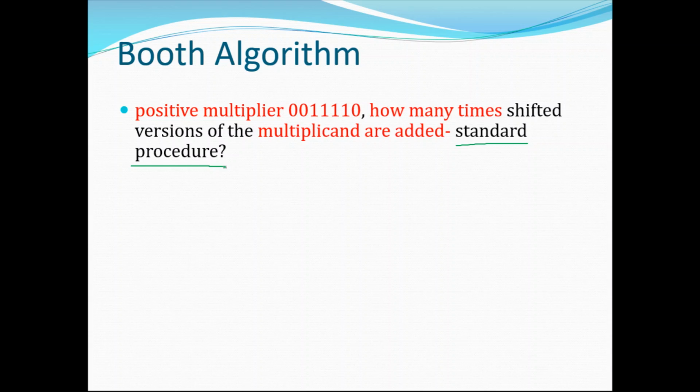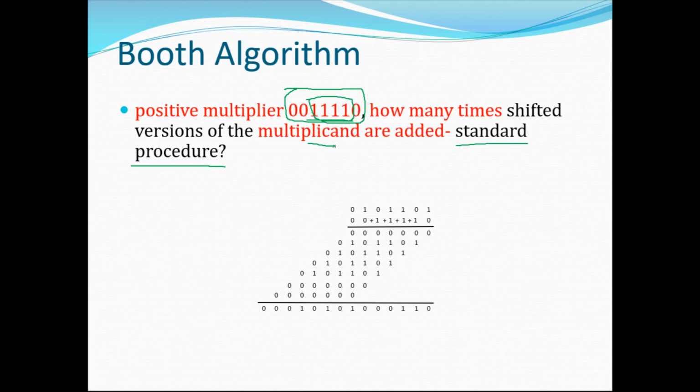Especially, it will reduce the repeated additions to a larger extent if the multiplier contains consecutive ones. This is one typical example of a multiplier. Here you can see the multiplier contains consecutive ones. So mainly if the multiplier contains consecutive ones, then the number of shifted additions performed on the multiplicand will be reduced. Okay, fine.